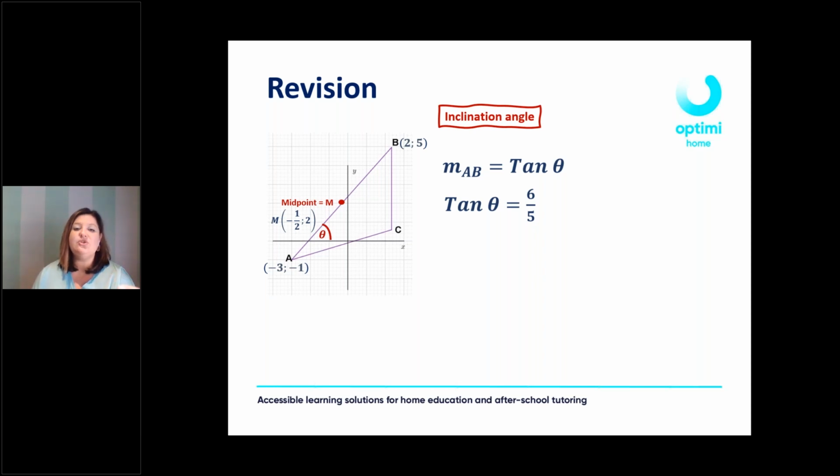So second function or shift tan will give you this tan to the power of -1 sign. Then you will put in your gradient, which is 6/5, and that will give you the answer of your angle theta. So in this case, a line with a gradient of 6/5 will have an inclination angle, meaning the angle that it makes with the x-axis, of 50,19 degrees.